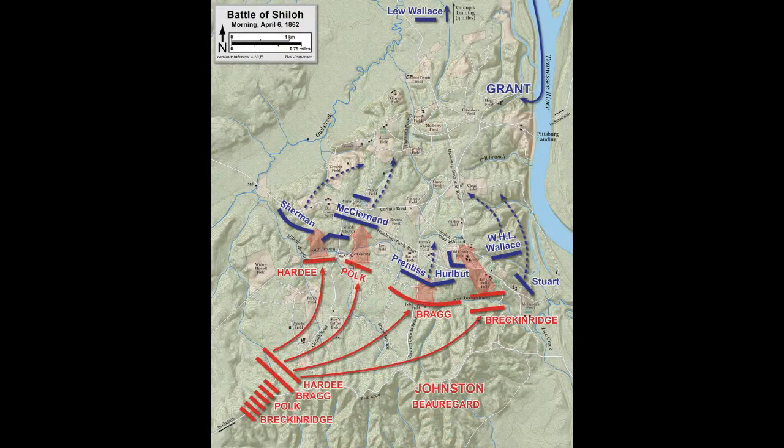On April 6th, before the sun was up, 3 corps of Confederate infantry moved up through the woods and swept into the southernmost of the Union camps. Grant's men were unprepared, and even though there was intense fighting, they were quickly knocked back.